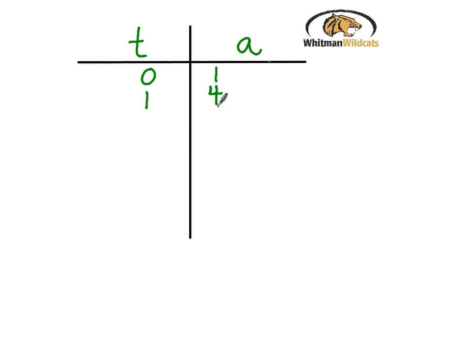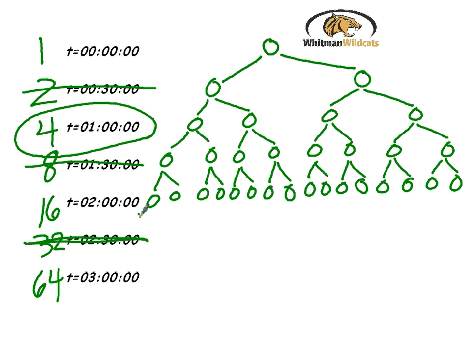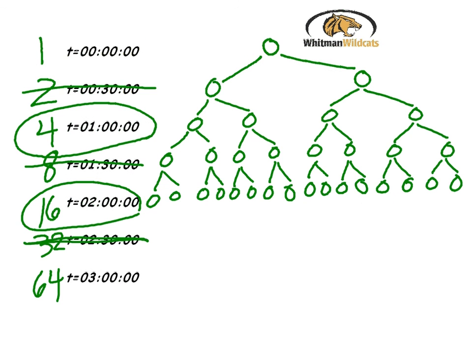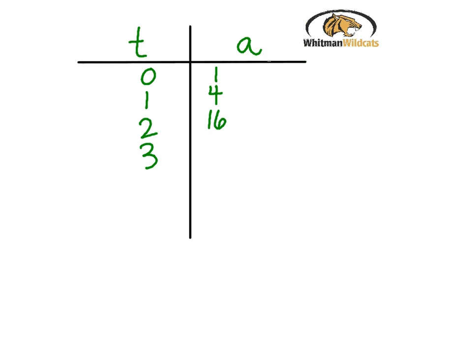So 1 hour's gone by, and we've got 4 amoeba. And after 2 hours have gone by, we're actually up to 16. And when 3 hours have gone by, we're all the way up to 64 amoeba.